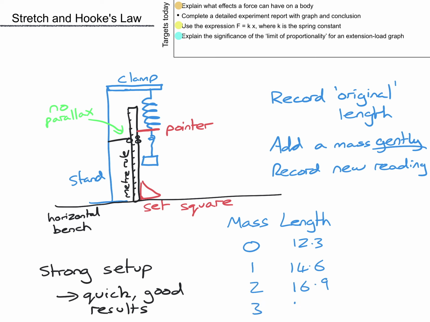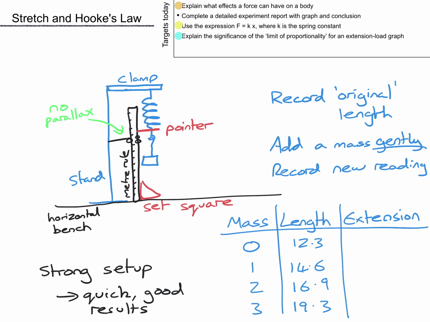Now you have a table of load and length. You can fill in another column for extension, which is length minus original length. Then plot a graph. If we put F on the y-axis and extension on the x-axis, we get a straight line through the origin, because we're so good at experimental work.